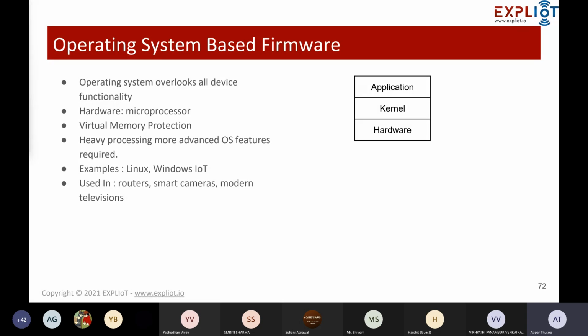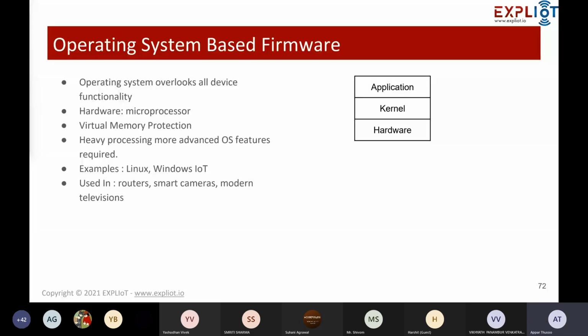Again, heavy processing and more advanced OS features are required because it is like a full-fledged OS, and devices using these probably have GUIs and web servers running on them. So again, it requires heavy processing, and devices that have a lot of features usually opt for OS-based firmware.